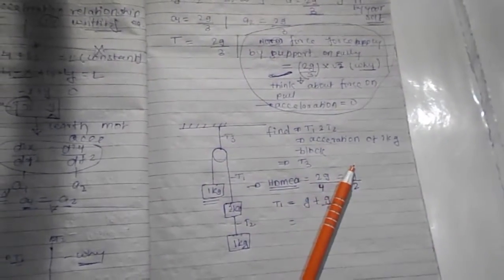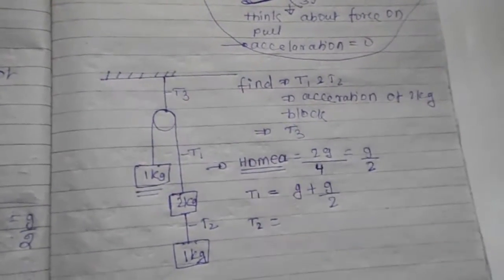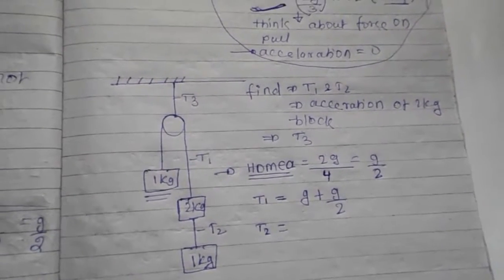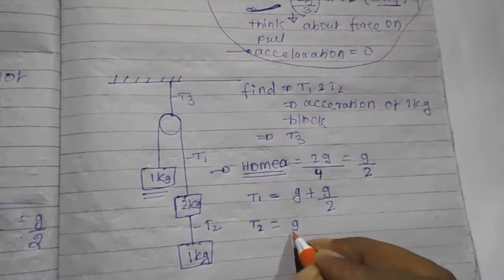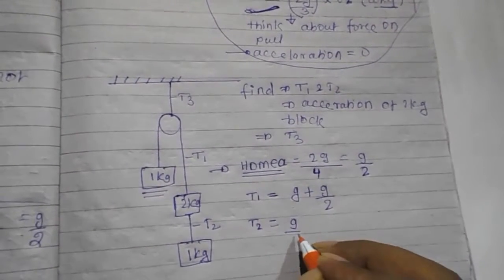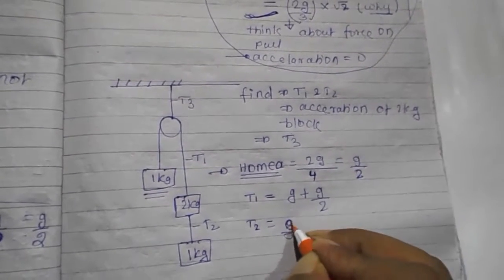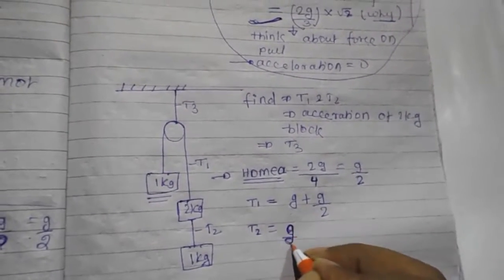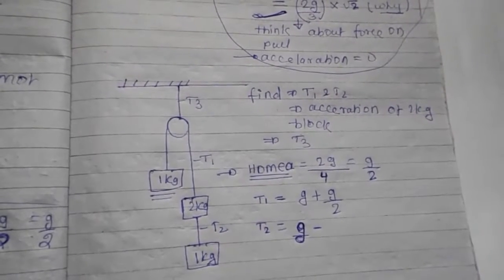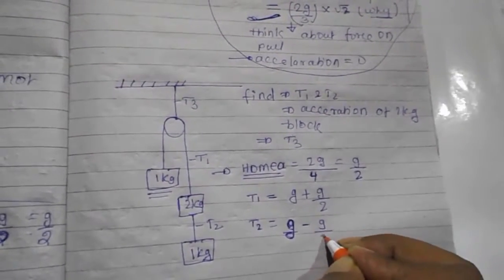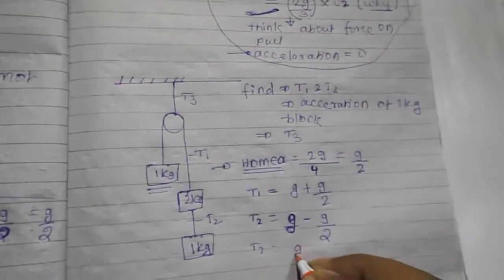Okay guys, and this T2 should be equal to g minus g by 2. So T2 is equal to g by 2.